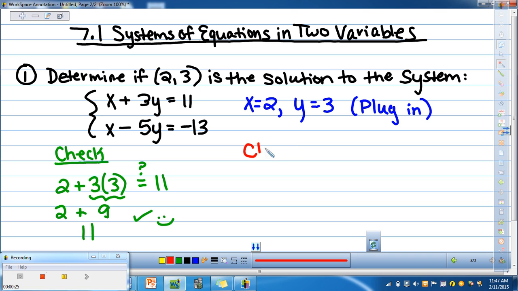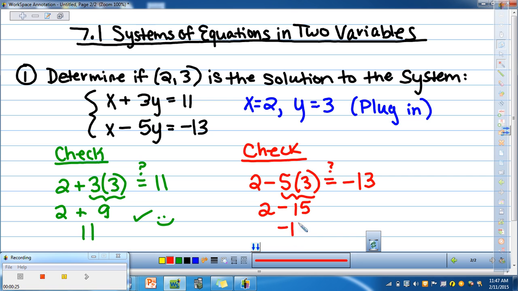We also need to check and see if it makes the second equation true. This one also works.